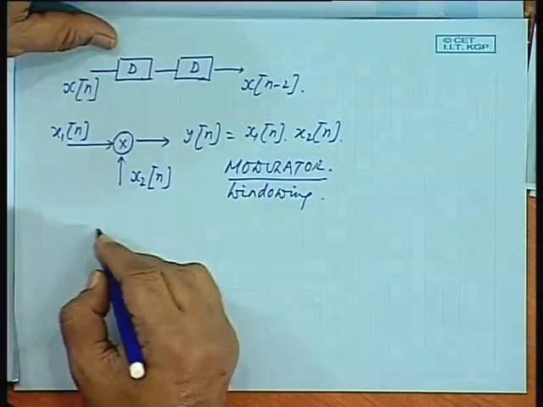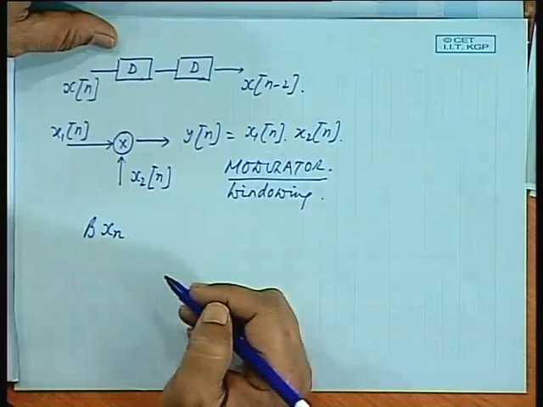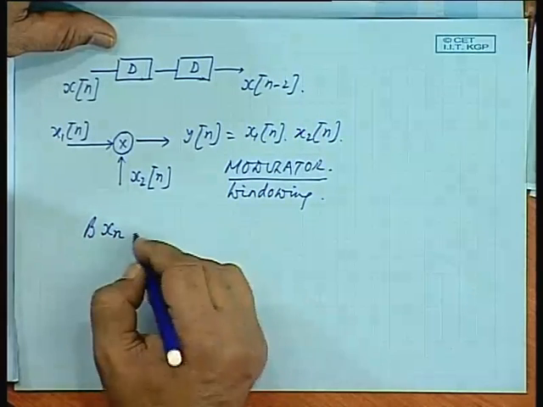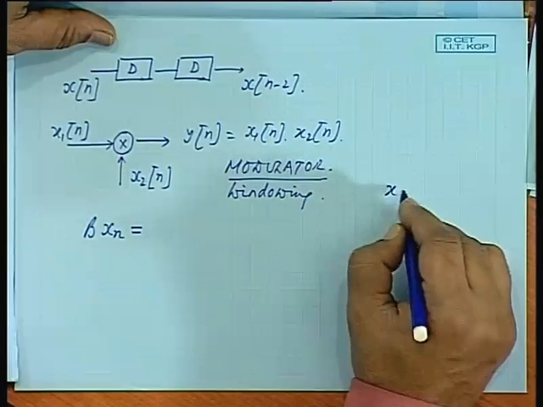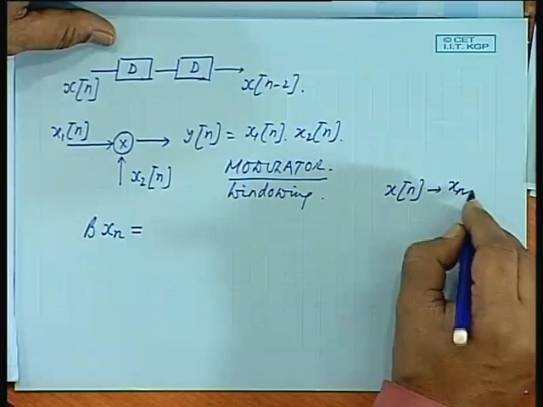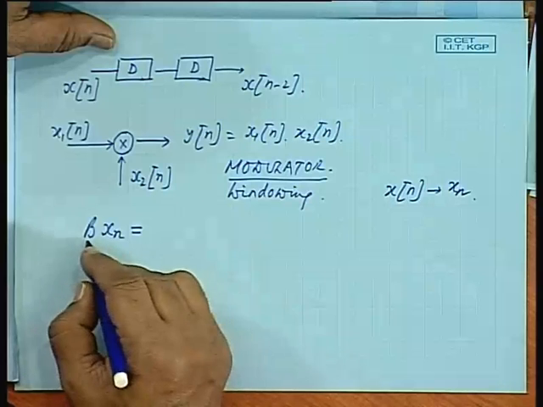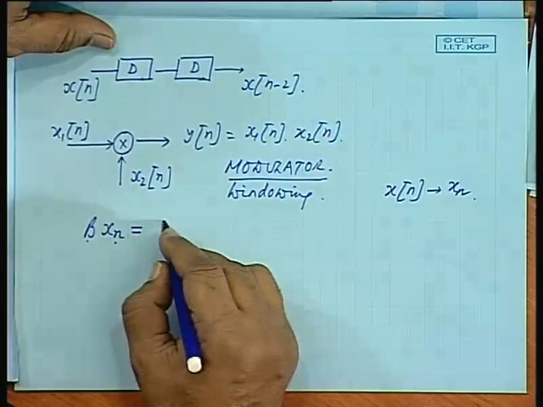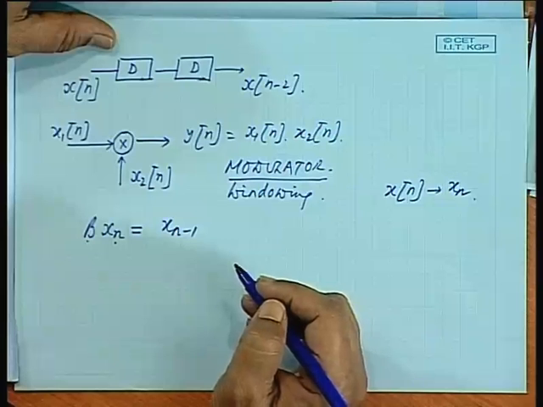So, what is this backward shift operation therefore on x(n)? x(n) is a sequence, I can write B x(n). So, B on x(n) will give me x(n-1). Okay.